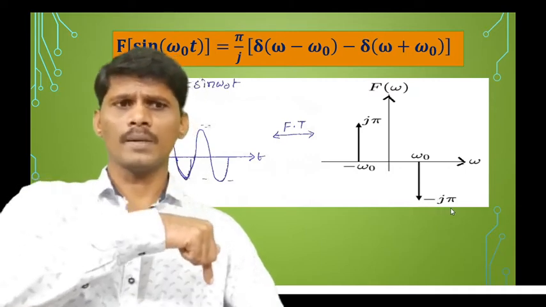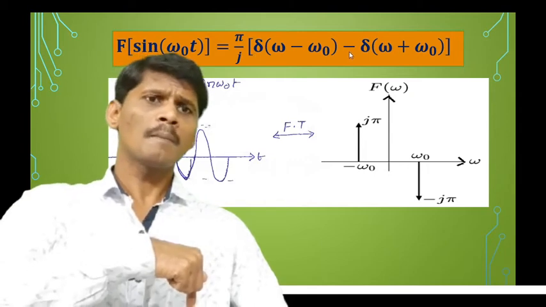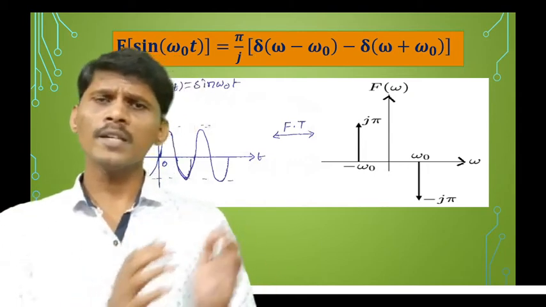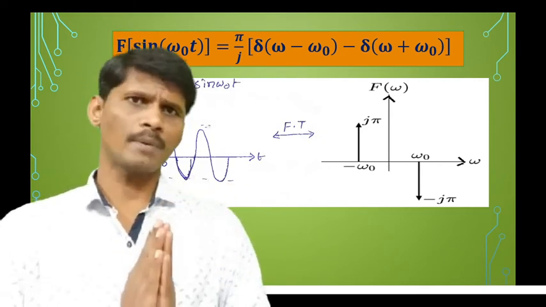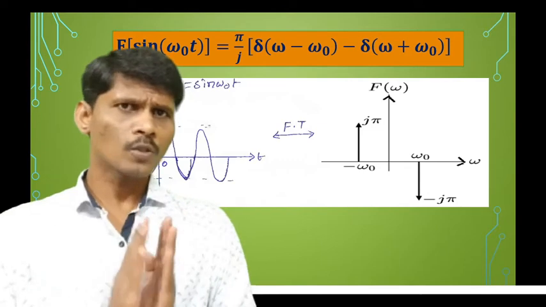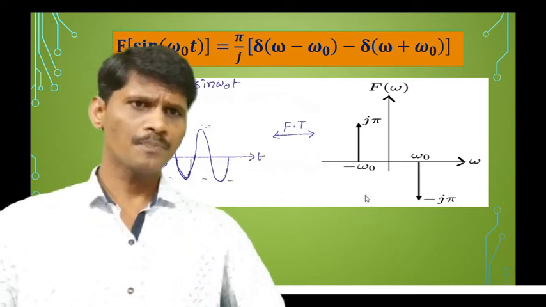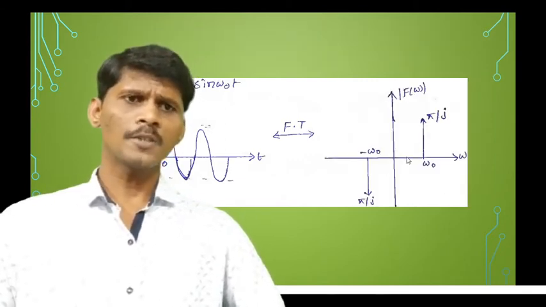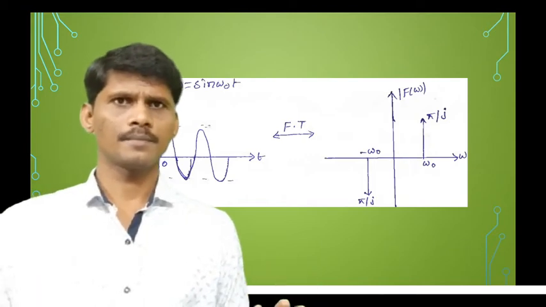Before, minus was there, and here minus is there, so minus into minus gives plus pi j at omega is equal to minus omega naught. What is the magnitude value there? Plus pi j. Okay. Do you understand both the waveforms? Both the spectrums are correct, this amplitude spectrum and this amplitude spectrum.